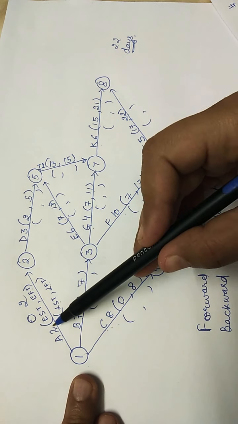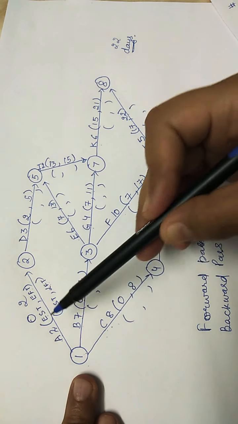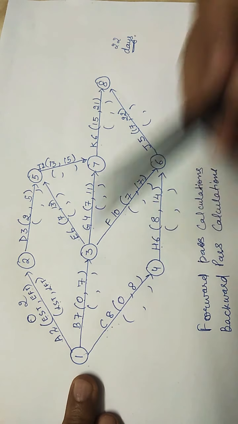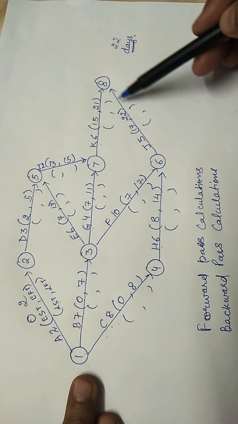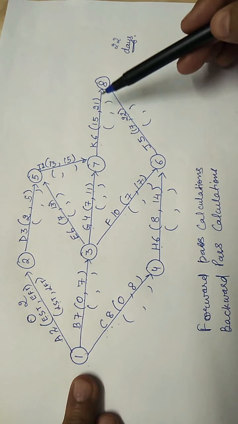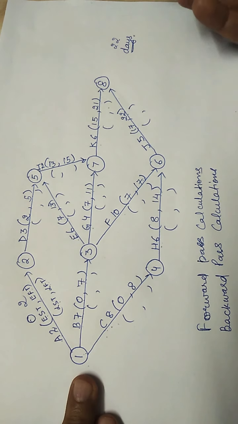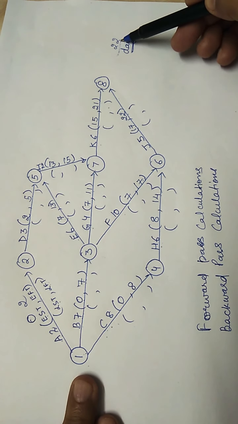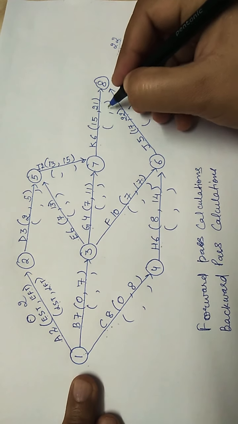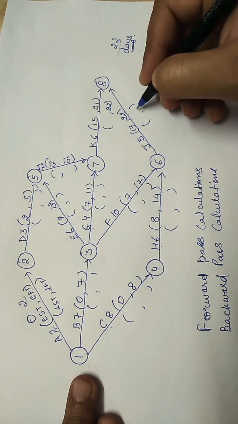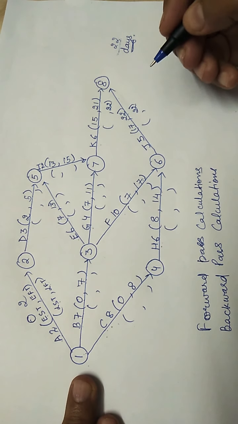Just like the starting activity had earliest start time, now the ending activities have the same latest finish times, and latest this project gets completed on 22nd day. So latest finish time of the last two activities is 22.